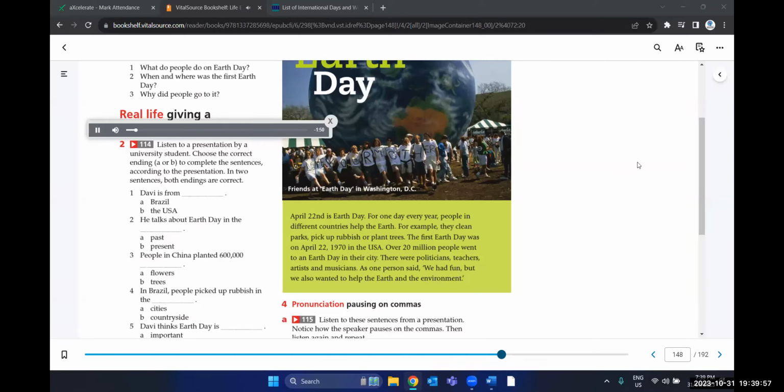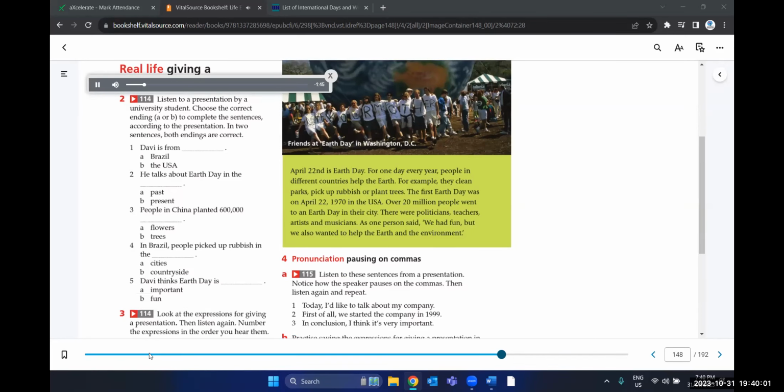Good morning, and thank you for coming. My name's Davi, and I'm from Brazil. Today, I'd like to talk about an important day in my year called Earth Day. First of all, Earth Day began on April 22nd in 1970.